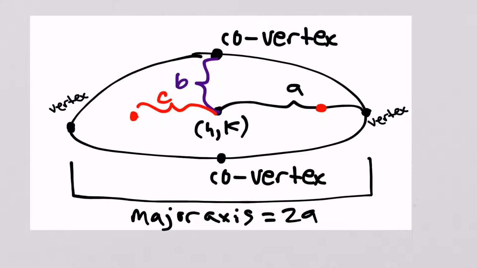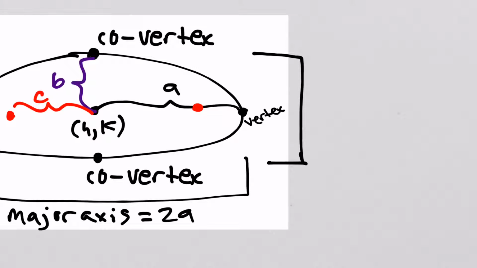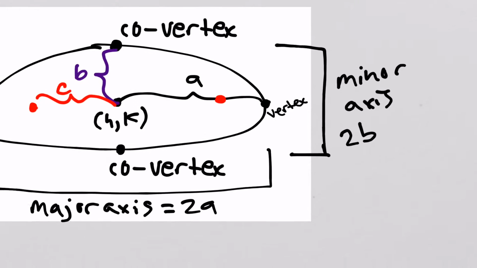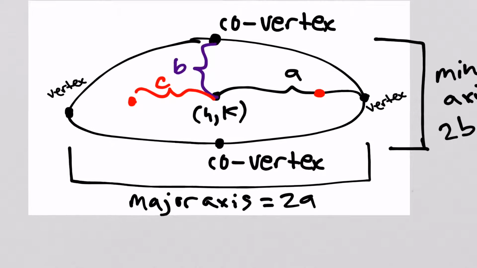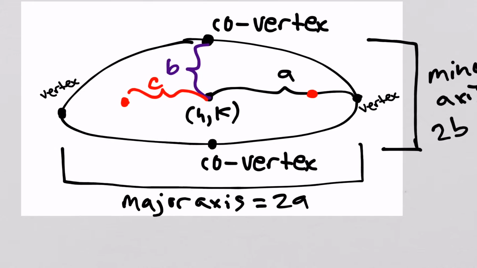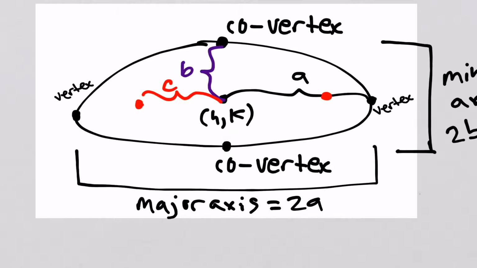And similarly, you can look at the distance between each co-vertex, and that is not the major axis, but the minor axis, and that is denoted by 2b. Now this is the basics of an ellipse right here. There's a relationship between a, b, and c that you can discover. We're not going to get into that right now. We're going to start jumping into how we can play with an ellipse. But we should probably talk about what the actual equation is.